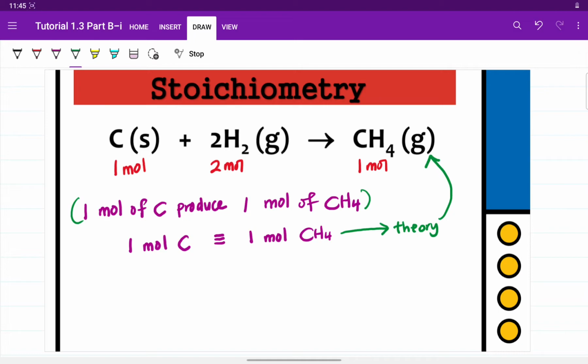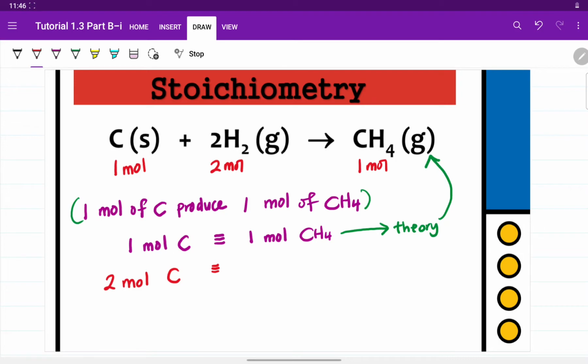Dalam soalan tu, I said that I used 2 moles of carbon. Let's say saya gunakan 2 mole carbon. Jadi berapa mole of CH4 yang akan terhasil? How many moles of CH4 will be produced?